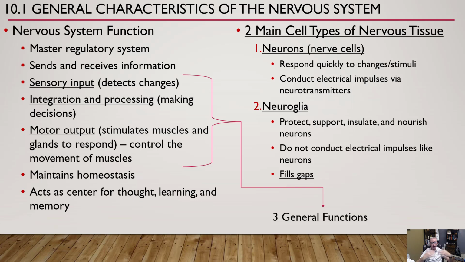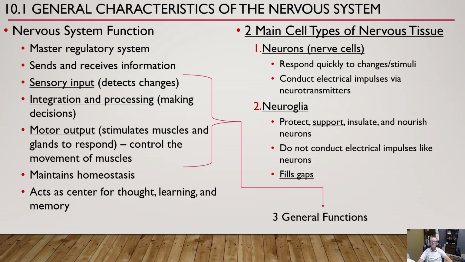And again, everything goes back to maintaining homeostasis. And we know that the brain is a center for thought, learning, memory, higher functioning, emotional processing, visual awareness.